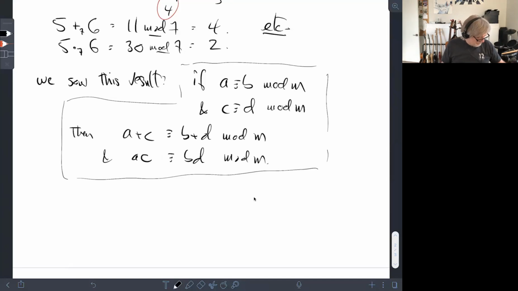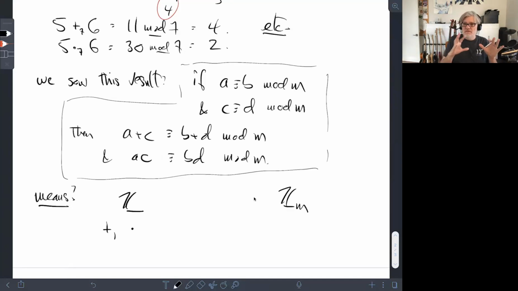So what does it mean? We have two things. We have what's happening in Z here, the usual arithmetic of Z. And we have this new arithmetic in the small world here, plus and times mod m.